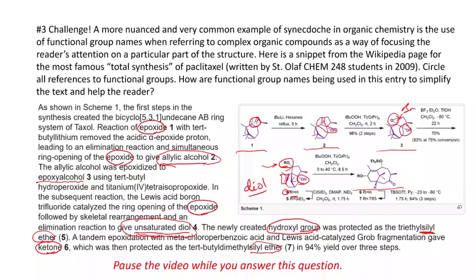Okay, and then one more thing. Notice that when they talk about this compound here, number 6, they refer to it simply as a ketone. Well, it's much more than a ketone. It's a ketone, it's an alkene, it's R is H, so it's an alcohol, and it's a silyl ether.